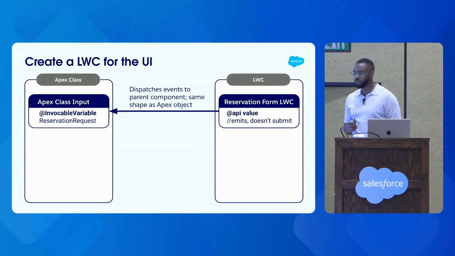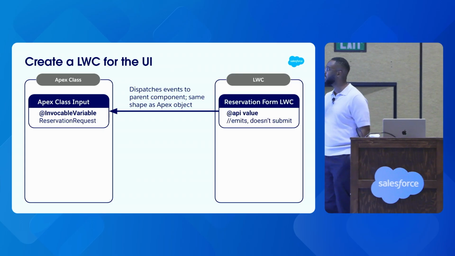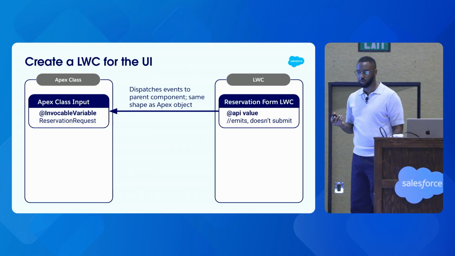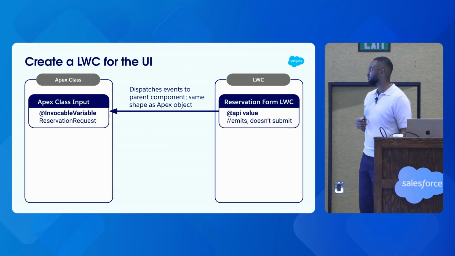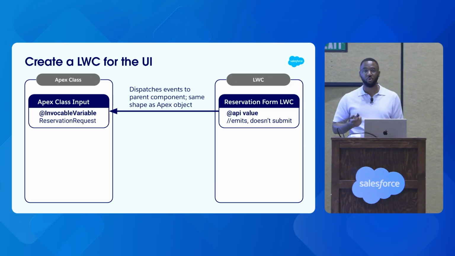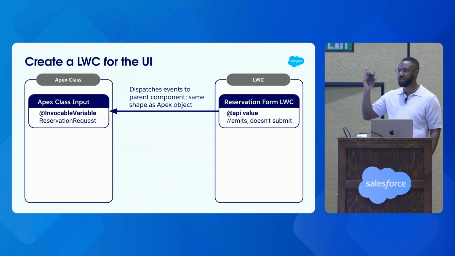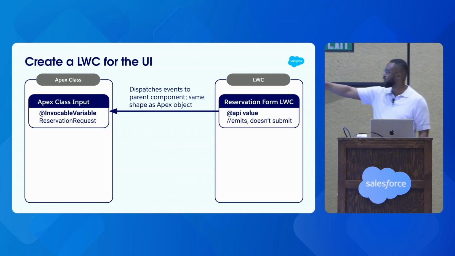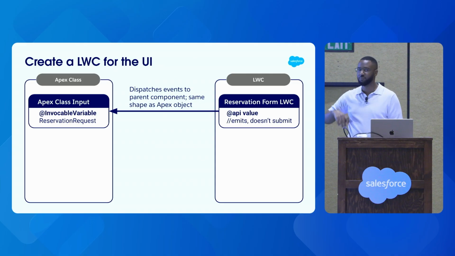The next thing you need to do is to just create a Lightning Web component for that data class. So we would have another component, let's call it reservation form, right? And this is just going to be a form that collects the data for reservation requests. So if you need a name and a phone number, it's going to have fields for names and phone numbers.